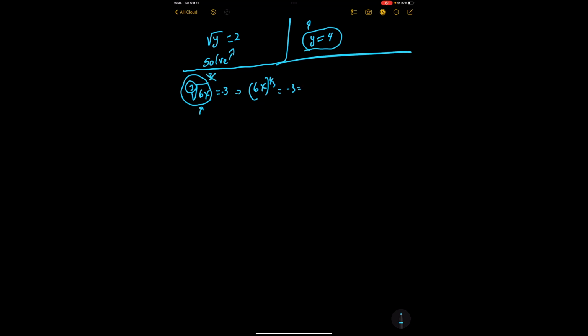So now I'm going to raise this to the power of 3 so I can eliminate the radical exponent. So that would be 6x to the power of 1 over 3, to the power of 3, and that will be equal to negative 3 to the power of 3. So remember the power rule?